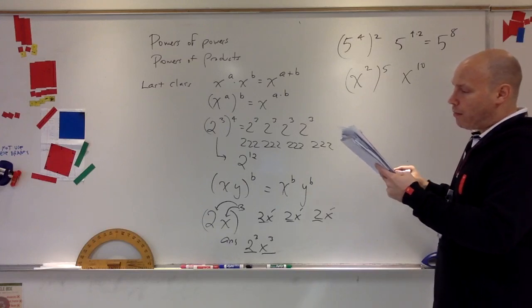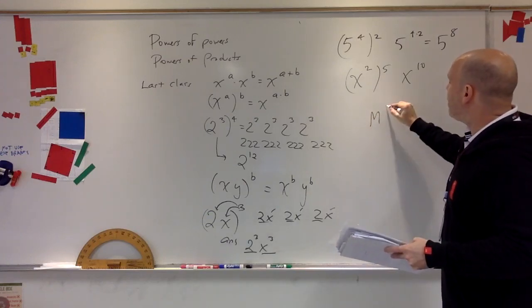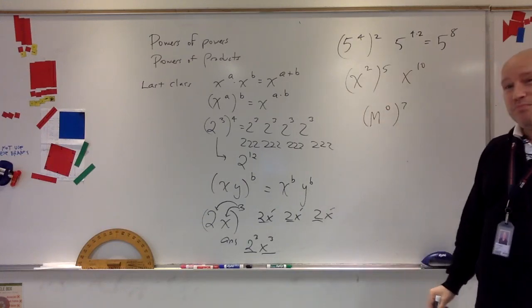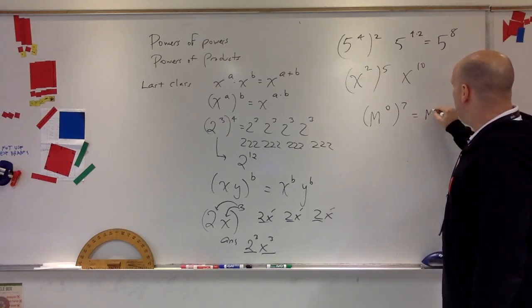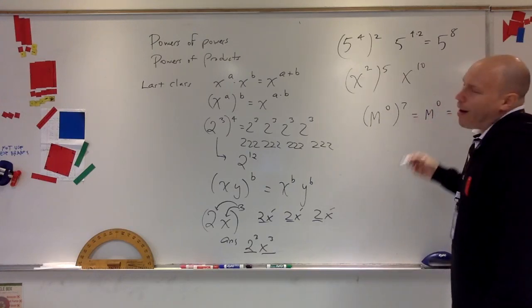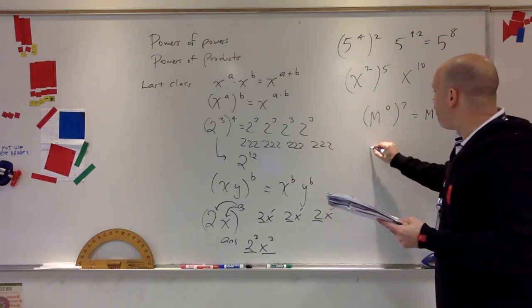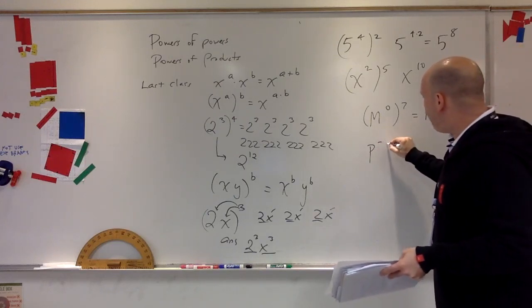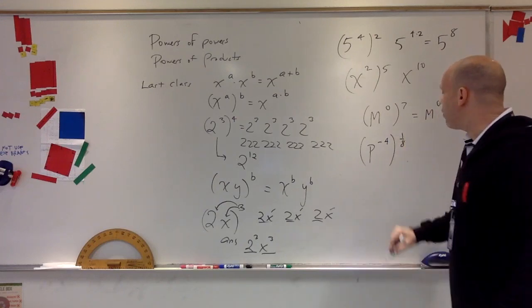How about m to the 0 to the 7th power? Well, the rules don't change. And this one you can write as 1. Here's a little advanced, but I think you can do it. p to the negative 4 raised to the 1/8 power.